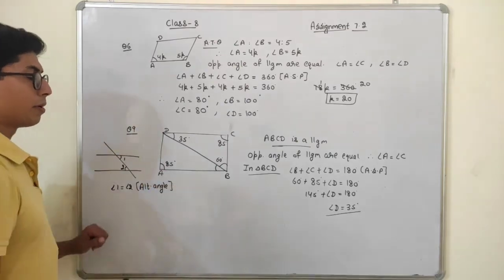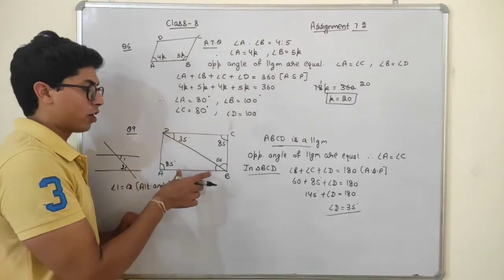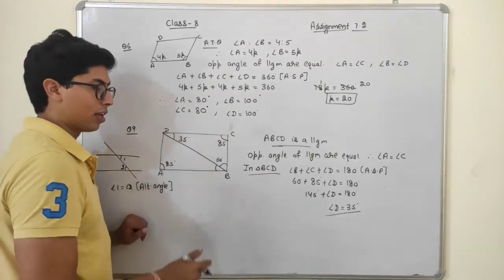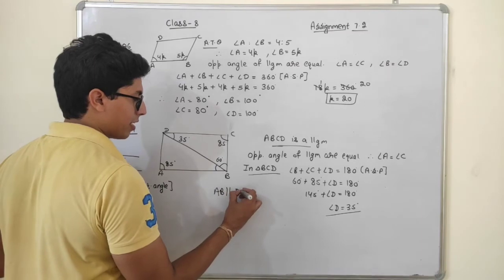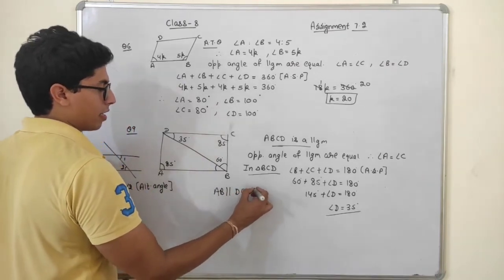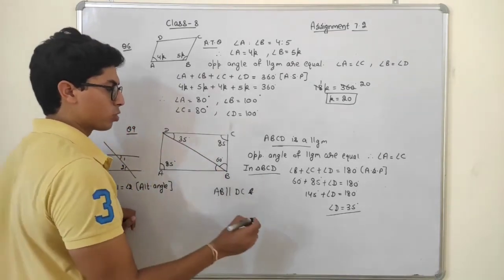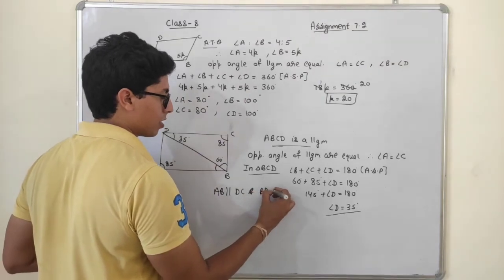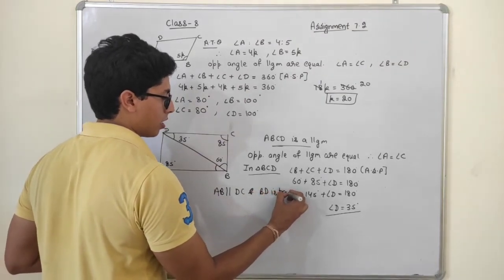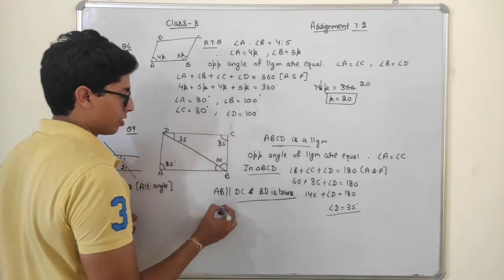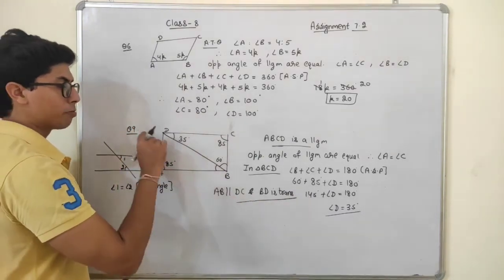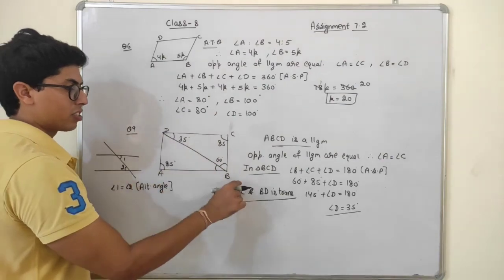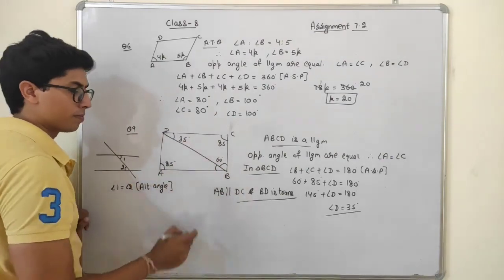Okay. Now similarly, students, we know that opposite sides of a parallelogram are equal and parallel as well. Now AB is parallel to DC, and take this BD as transversal. BD is transversal. So these two angles will be equal.